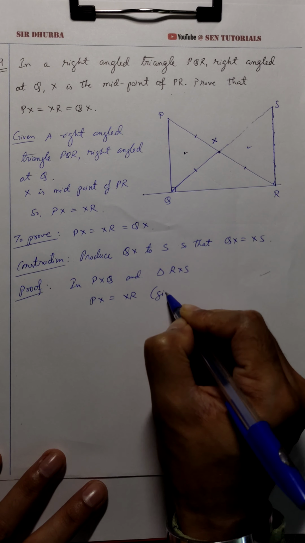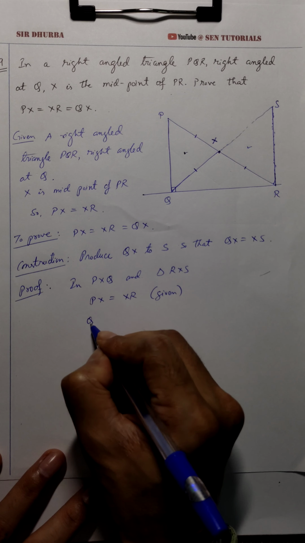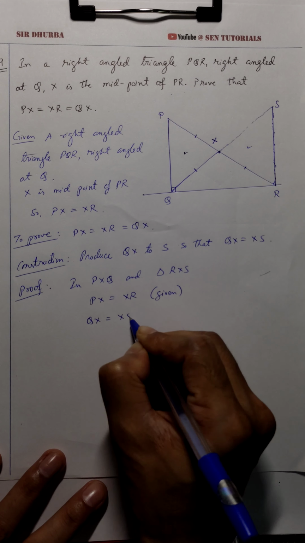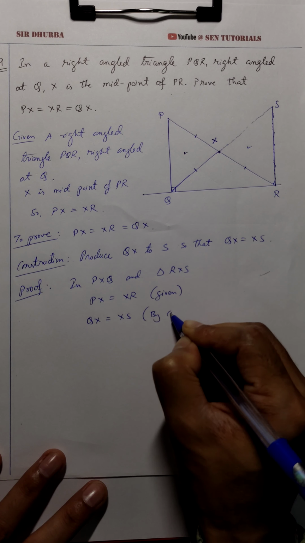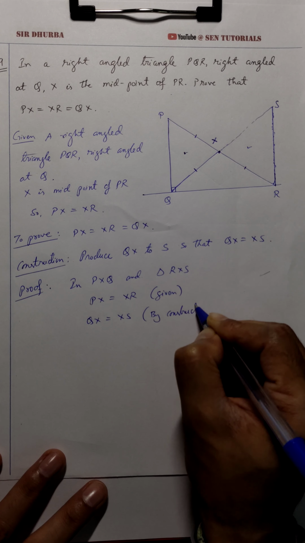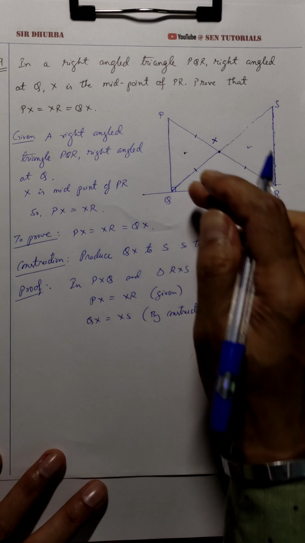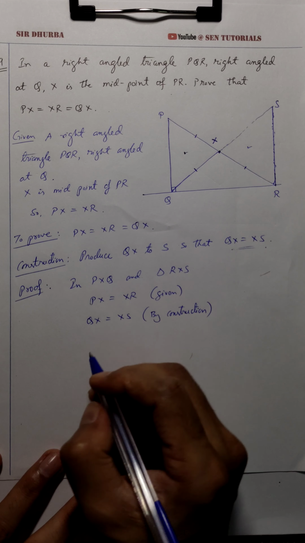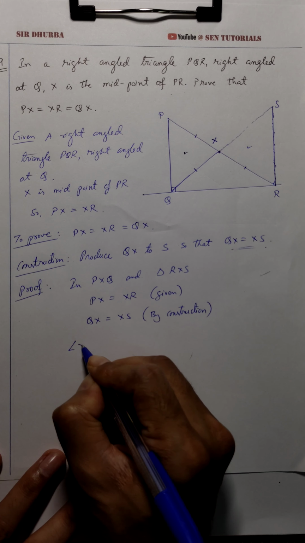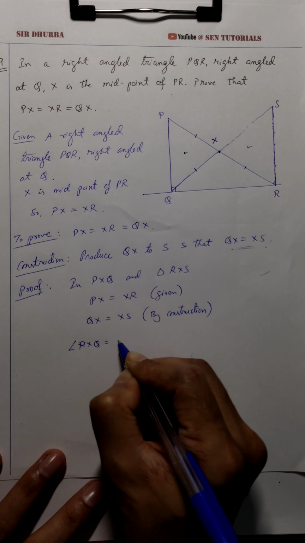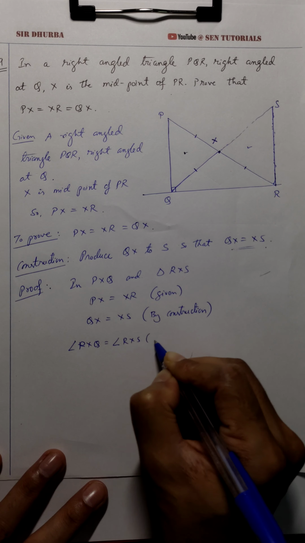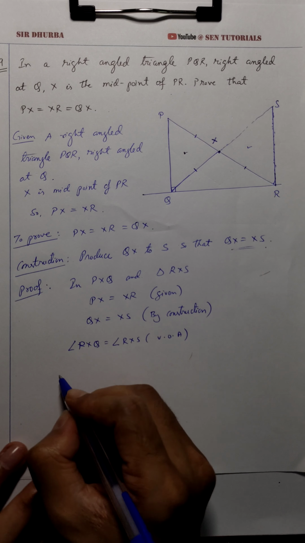This is already given. QX is equal to XS. This is by the construction that we have just done. And of course, angle PXQ is equal to angle RXS, vertically opposite angles.